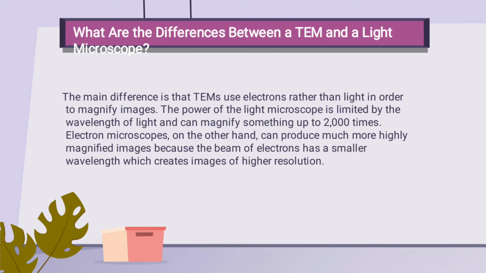The power of the light microscope is limited by the wavelength of light and can magnify something up to 2,000 times. Electron microscopes, on the other hand, can produce much more highly magnified images because the beam of electrons has a smaller wavelength, which creates images of higher resolution.